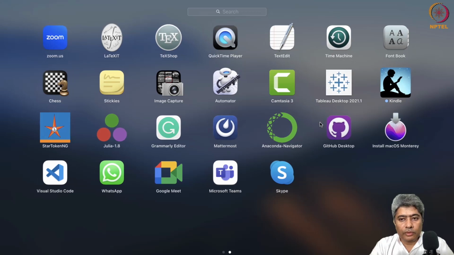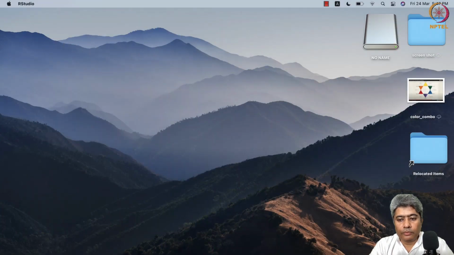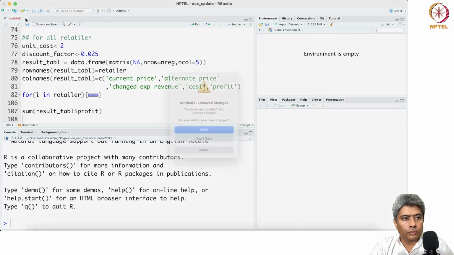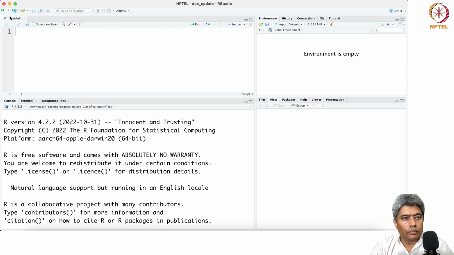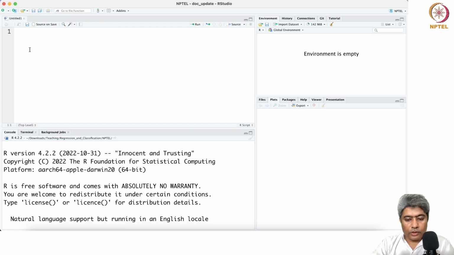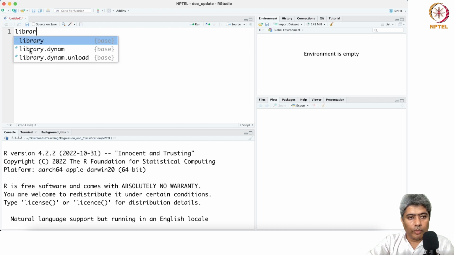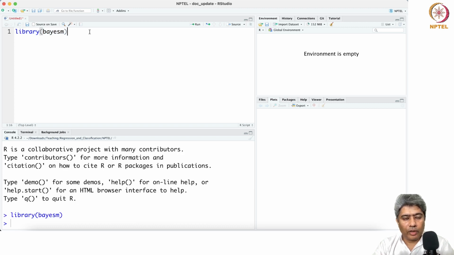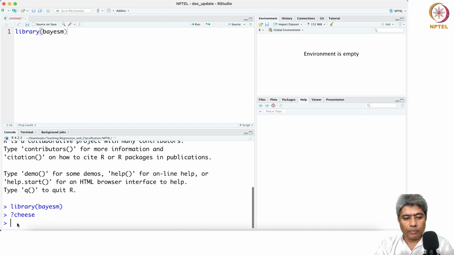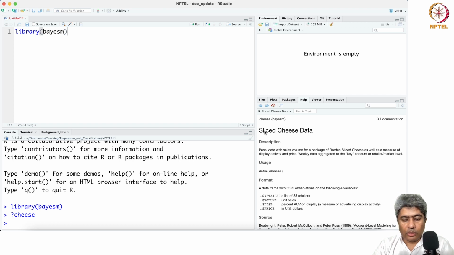So first I will open my R. I'm going to call library bayesm. If you don't have this library, please install it. In this bayesm package, there is a dataset available called sliced cheese dataset.